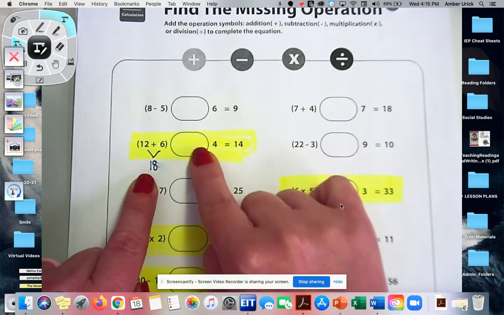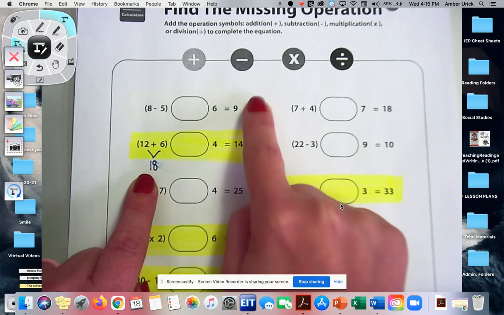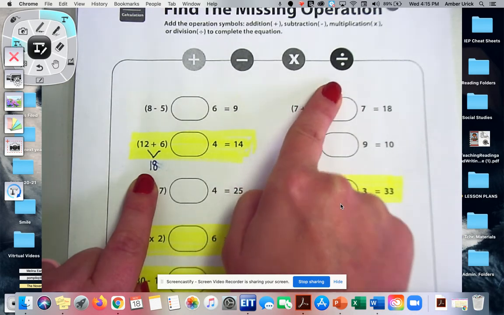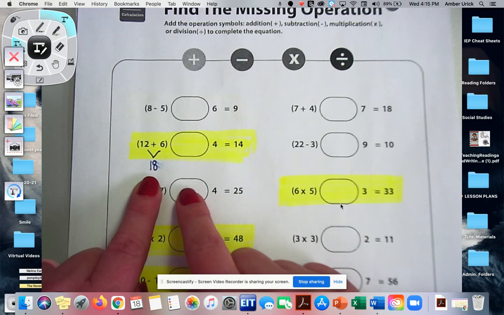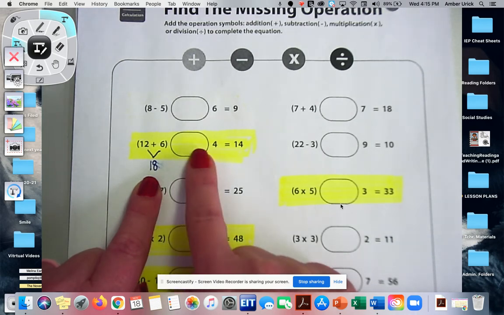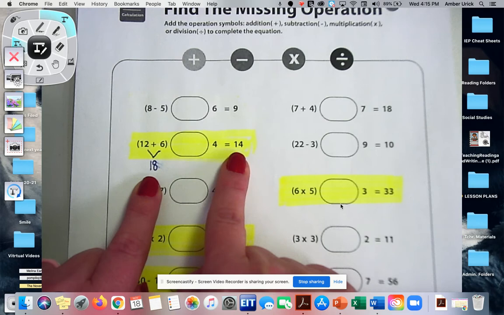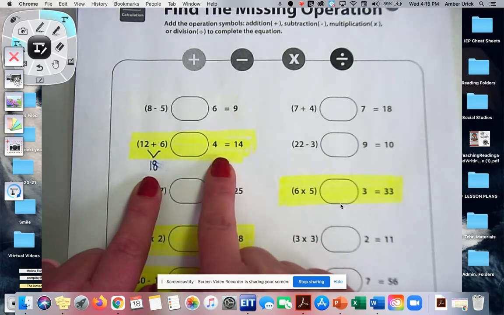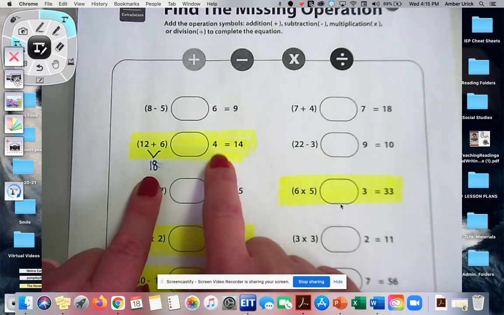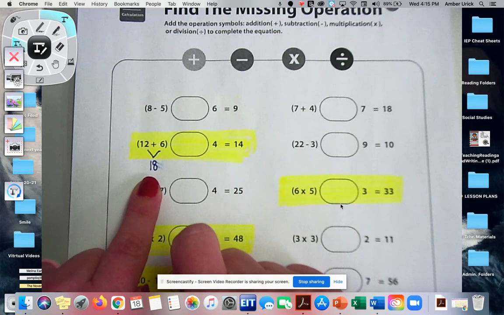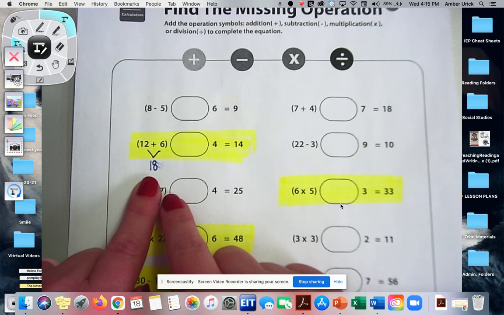So 18 blank 4 is 14. Do you think I subtract or divide? 18 minus 4 is 14, or 18 divided by 4 is 14. So this means 18 divided by 4 groups. So if I made 4 circles and I put a tally mark in each one until I got to 18, do you think there would be 14 in each circle? Probably not.